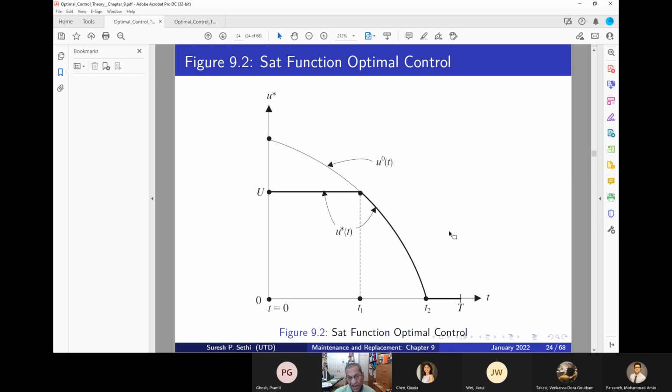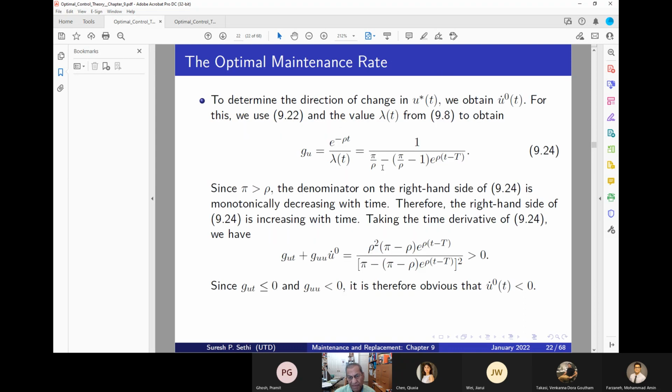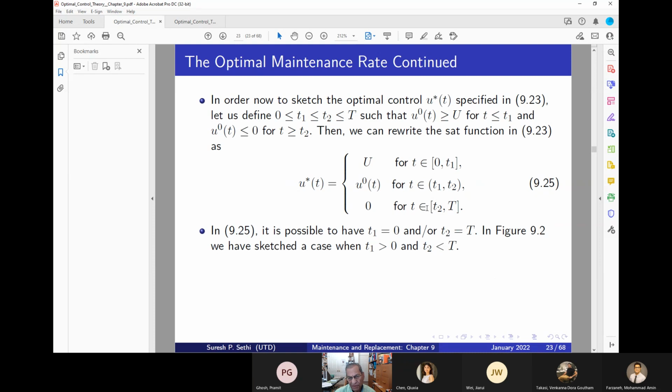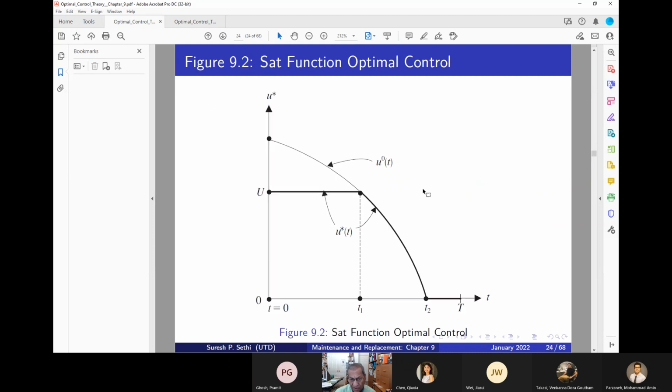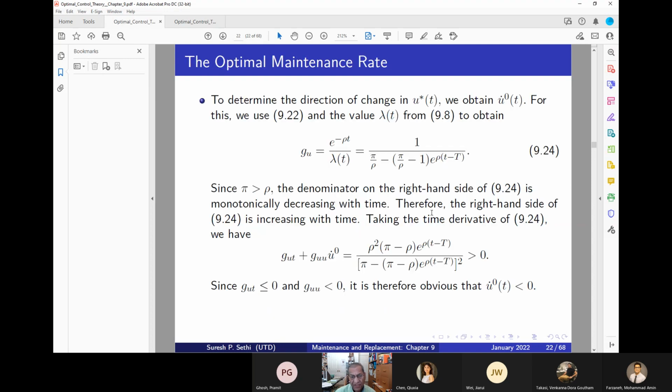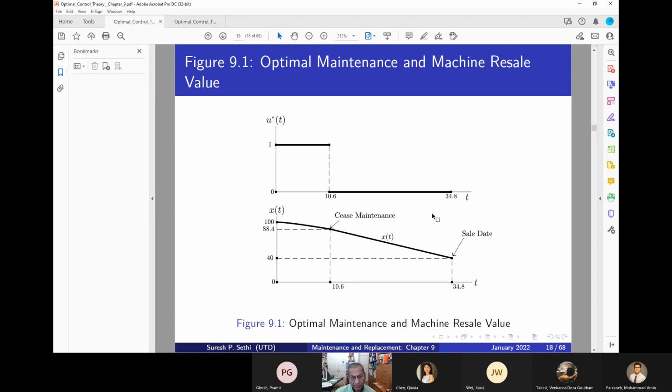In my 1973 paper, by taking these simple steps, you should be able to do this. No point doing this calculus here. But I want to mention that in that paper, I went as far as showing that the control is decreasing and then 0. Notice that this is more realistic in practice than this control.